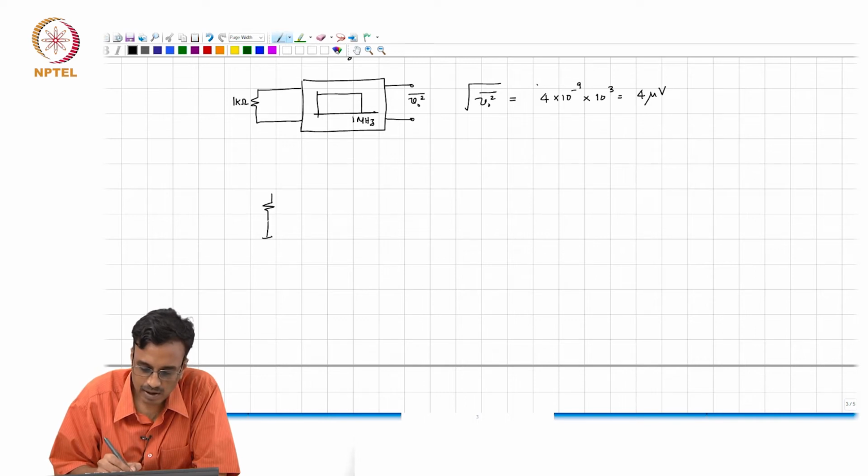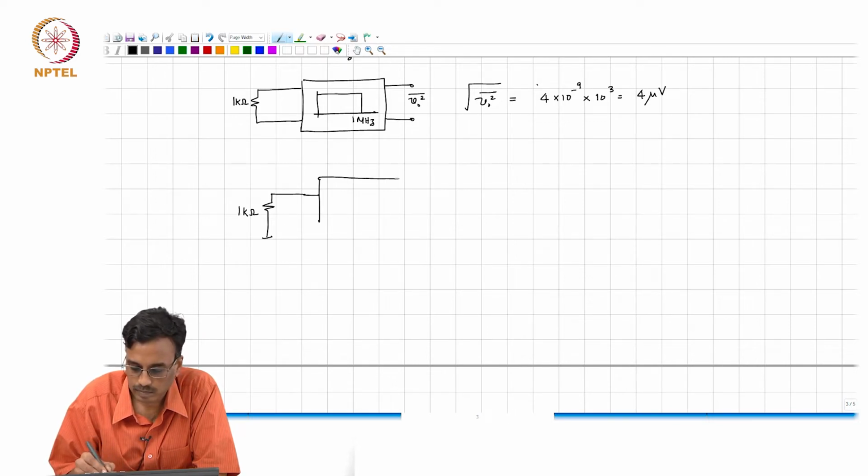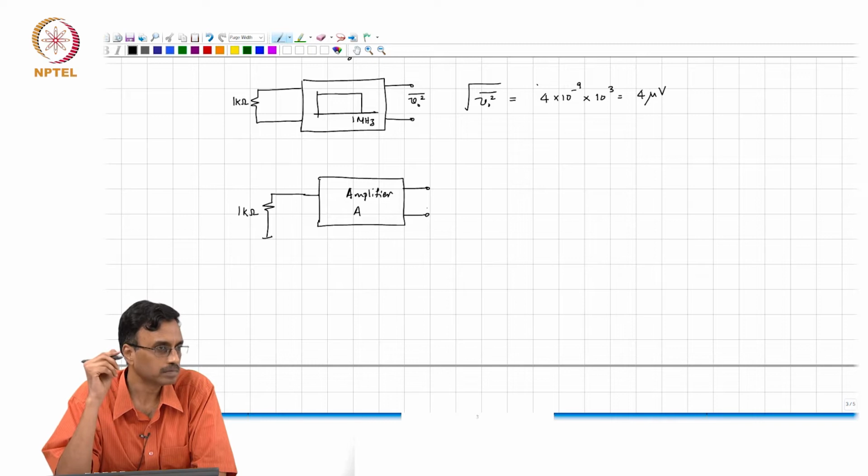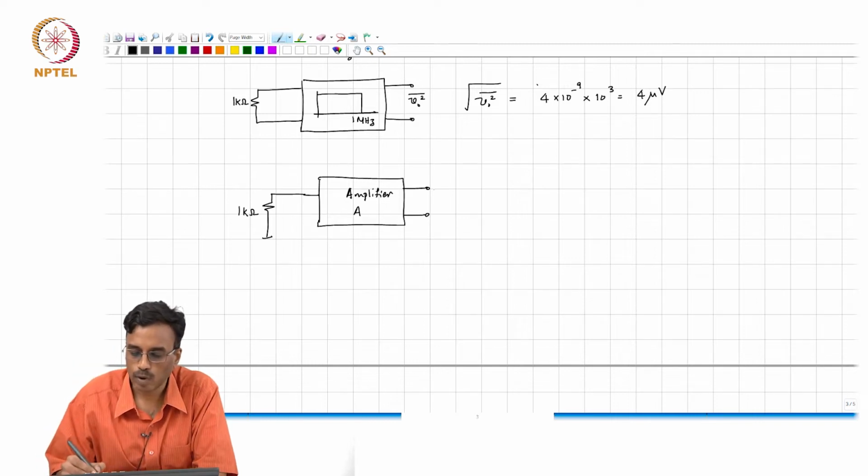Let me ask you about this. So let's say this is simply an amplifier with a gain A. Correct? What comment can you make about the mean square value of the noise now?